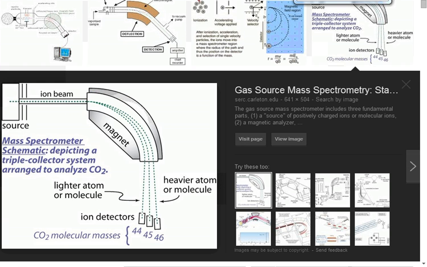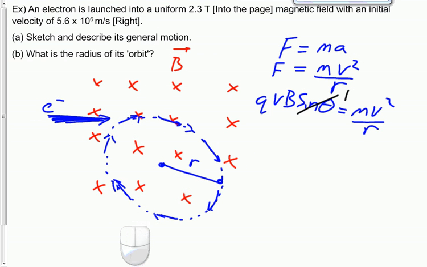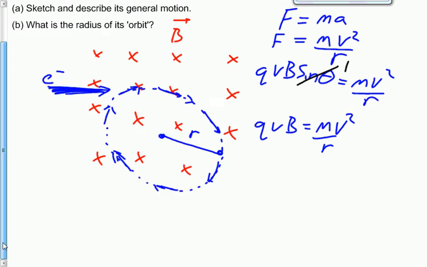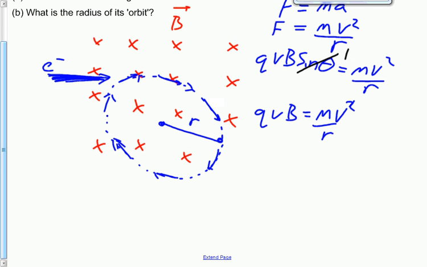And, oops, sorry about that. We end up with QVB equals mv squared over r. And if we just keep going, we're trying to solve this for r. So one of my v's will cancel. So I'll have QB equals mv over r.